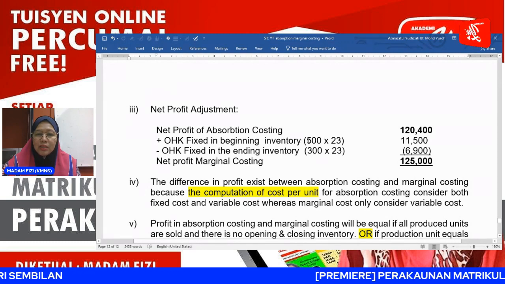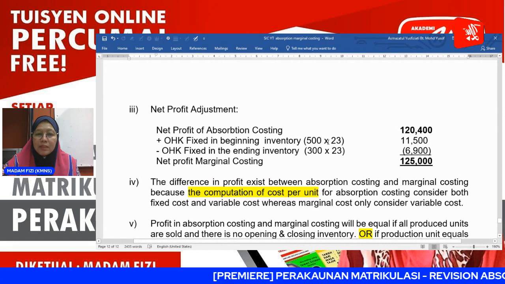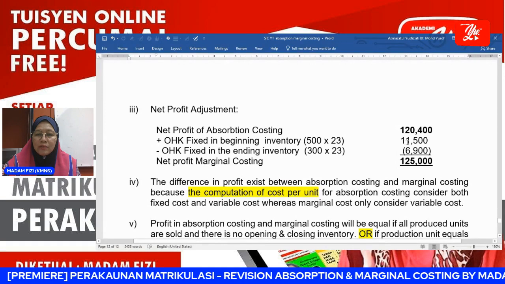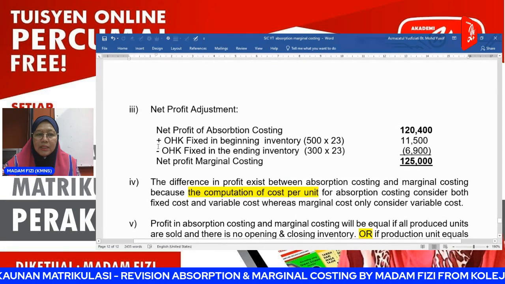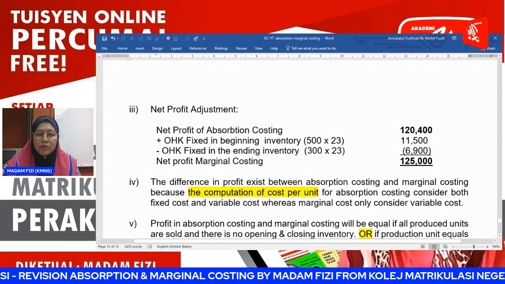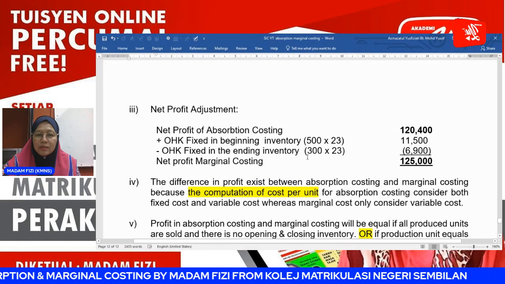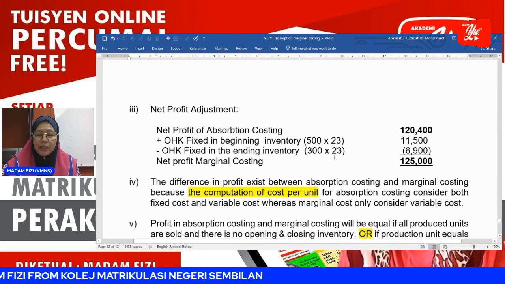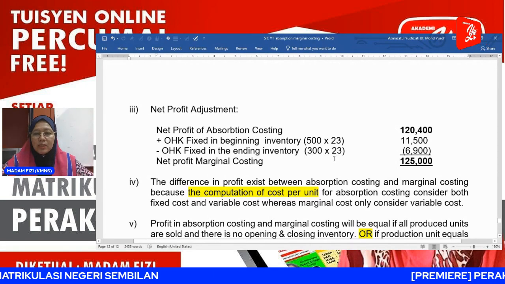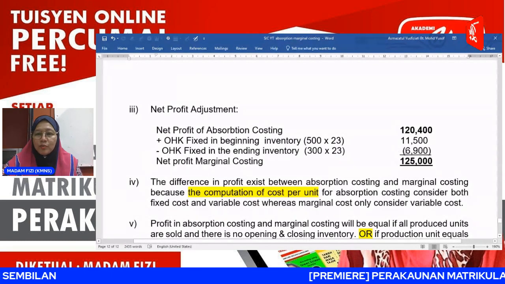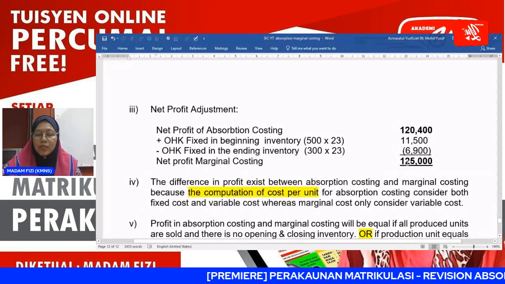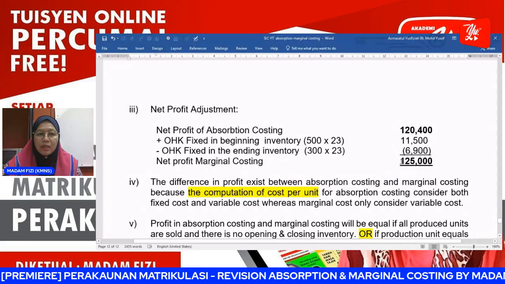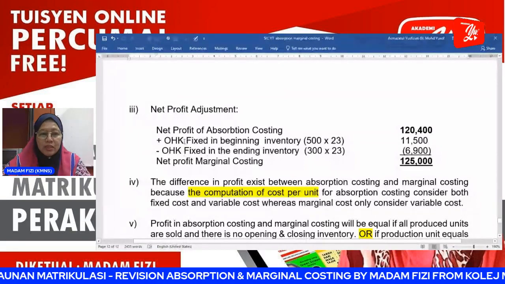The unit is 500 units, multiplied by 23, the fixed cost per unit, equals 11,500, minus fixed overhead in ending inventory. The ending inventory unit is 300, multiplied by the fixed overhead cost 23. So you minus 6,900, equals 125,000. Okay, it must be equal to the net profit of marginal costing.